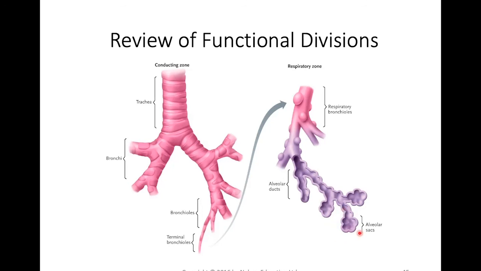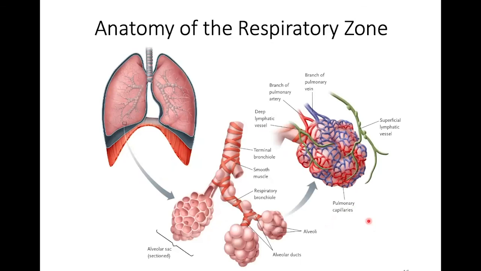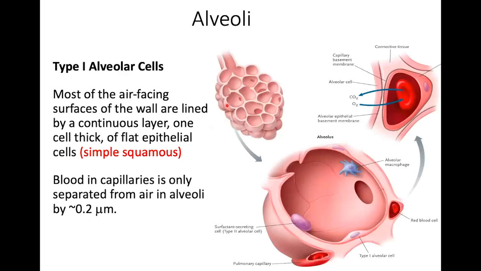So we're going to zoom in here on this terminal portion of the respiratory zone at the alveoli and take a look at the 2 different types of cells that make them up. And so here you can see the alveoli are made up of simple squamous epithelial cells. The cells that actually make up the alveolar walls are known as type 1 alveolar cells.